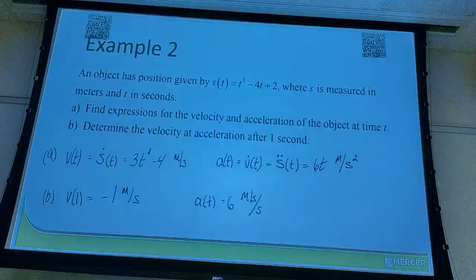That's also the difference, by the way, between distance and displacement. They're two different things. Displacement is a change in position.